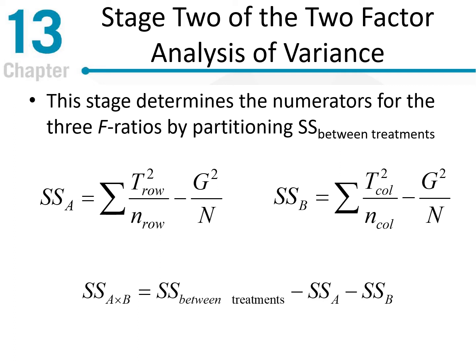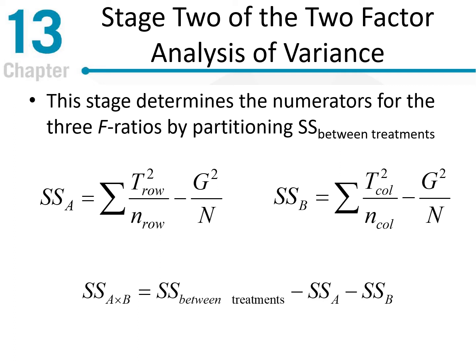If you have 2 levels of one variable, you're going to have 2 rows. If you have 2 levels of the other variable, you're going to have 2 columns. So there are going to be 2 terms: if you have 2 rows, you're going to have 2 of these T squared row terms. All you're doing is adding up the rows. You're going to find the row sums, summing up each row and writing that total in the right-hand column if you make a chart.